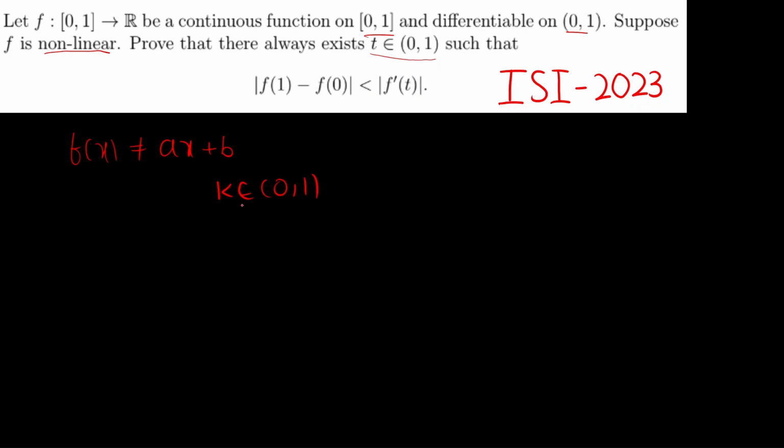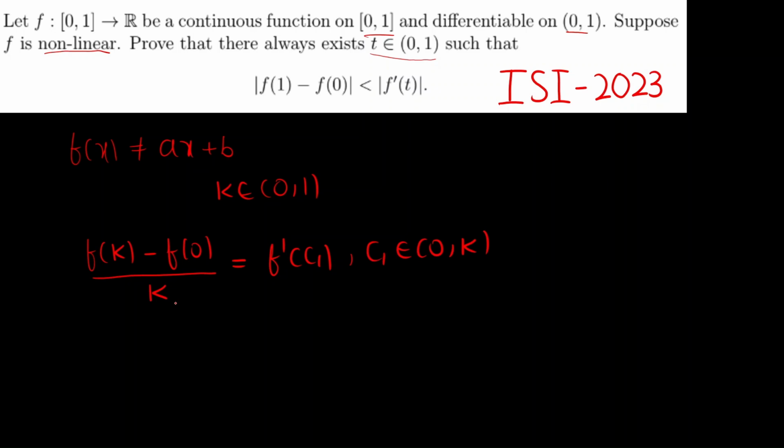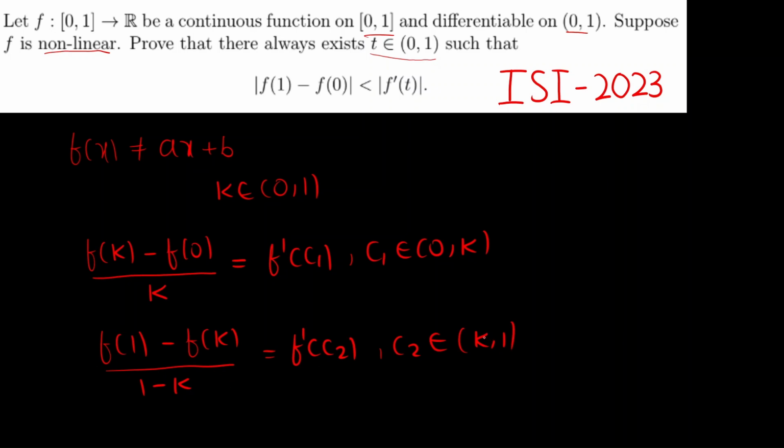If I apply LMVT in the interval 0 to k, I'll write that f of k minus f of 0 divided by k is equal to f dash of c1, where c1 belongs from 0 to k. And if I apply in this interval, f of 1 minus f of k divided by 1 minus k is equal to f dash of c2, where c2 belongs from k to 1.